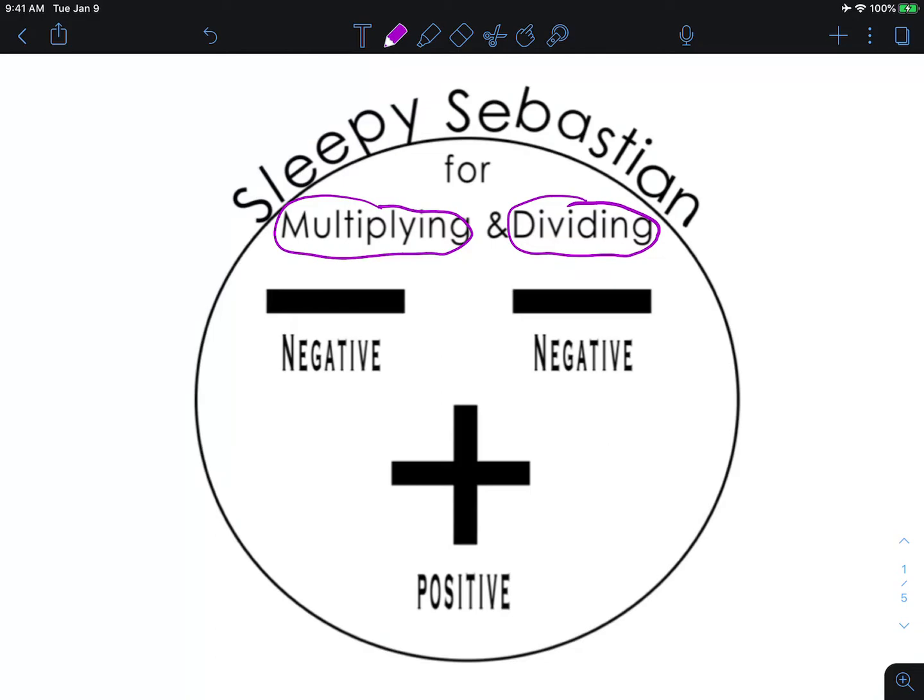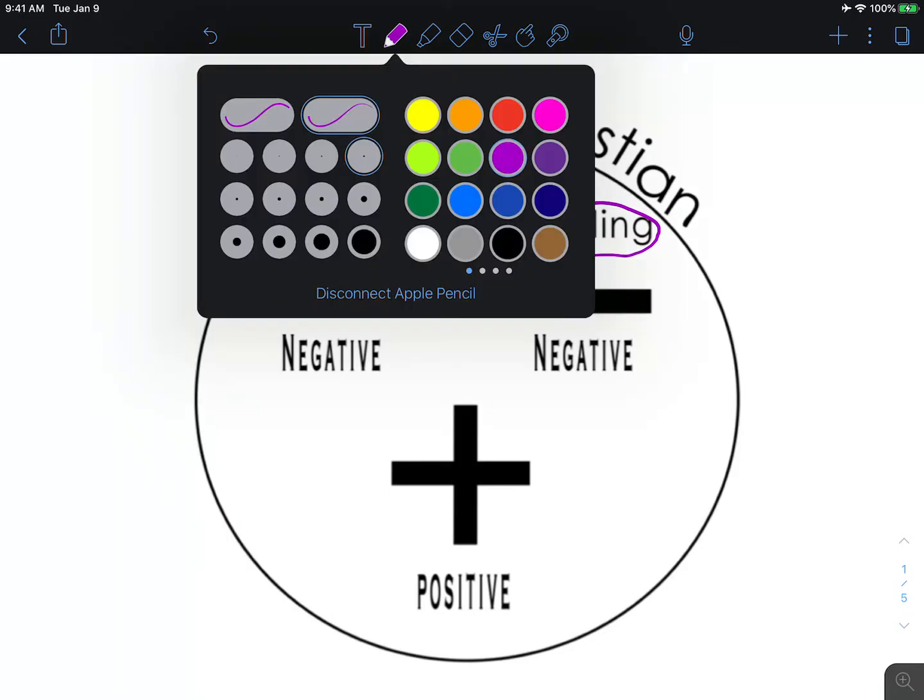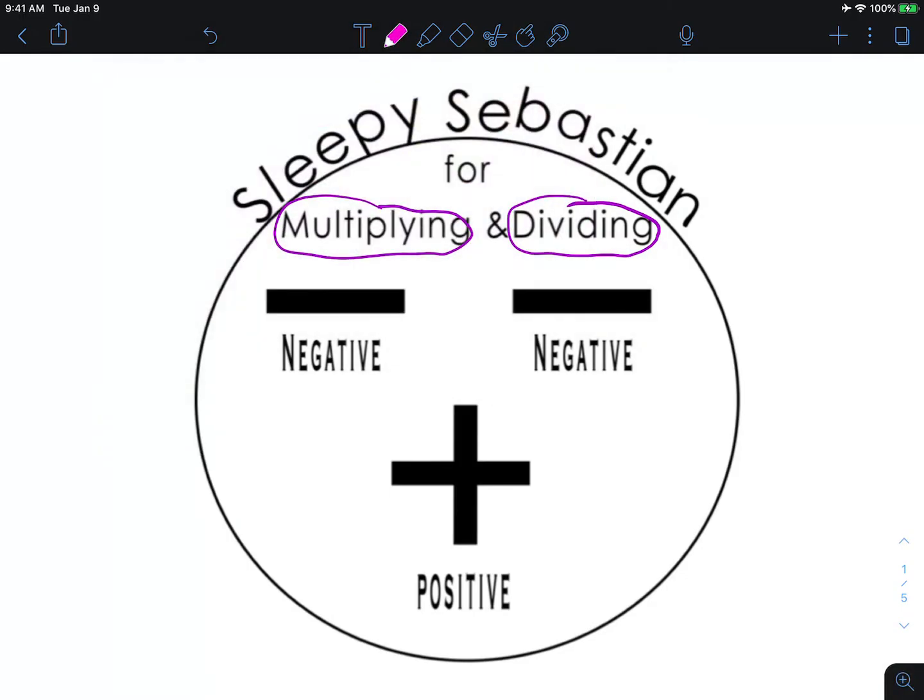So a few years ago, there was a kid named Sebastian that always was asleep in my class. So I named this photo here, this visual aid, after him. I call this Sleepy Sebastian, who is asleep here, right? So these two on the left and right are his eyes.